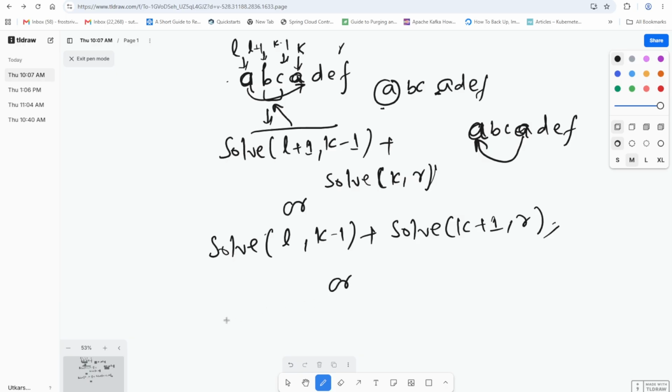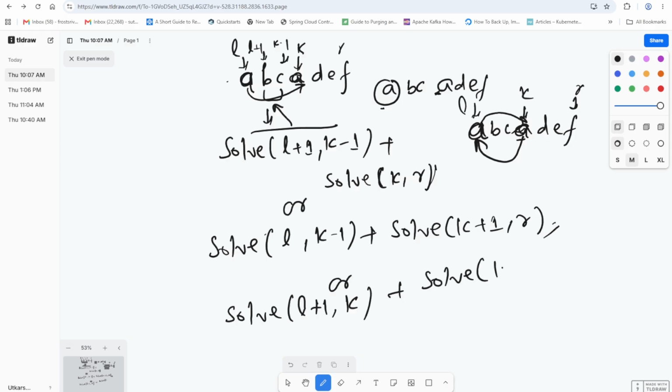There can be another way of saying the same thing, with l plus 1 and k, since this is l, this is k, and this is r. So what we are doing here now, we are including this a, so it means this a will be printed with this a, right? And plus we will solve for the rest.